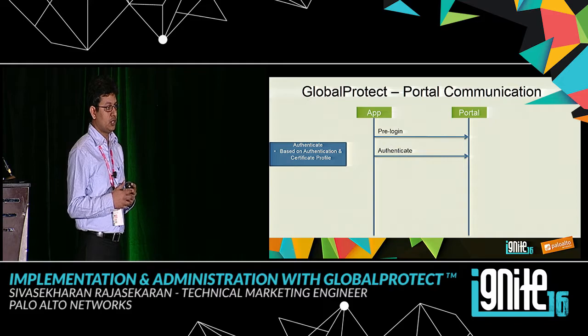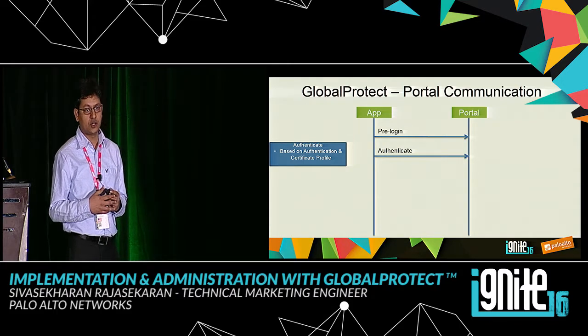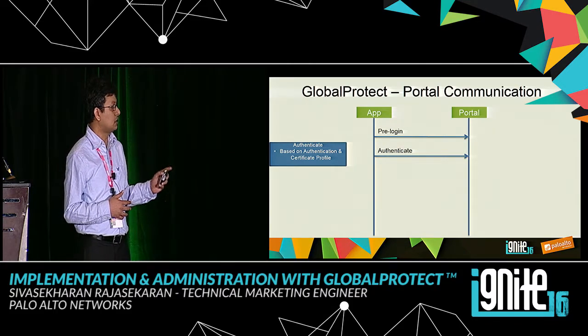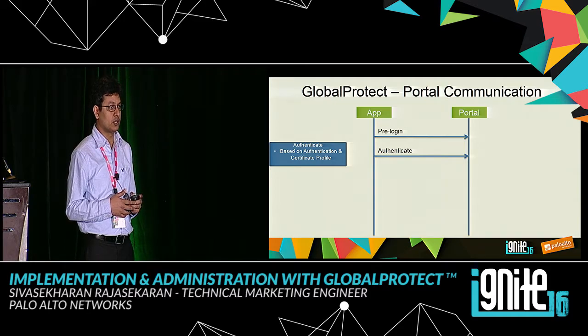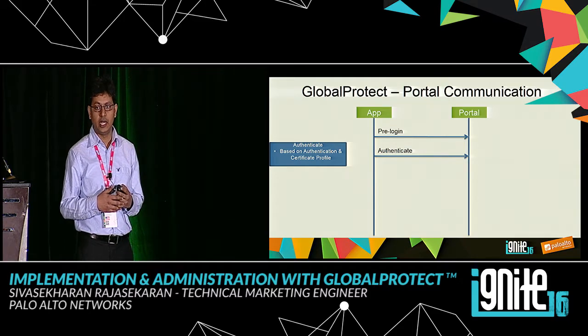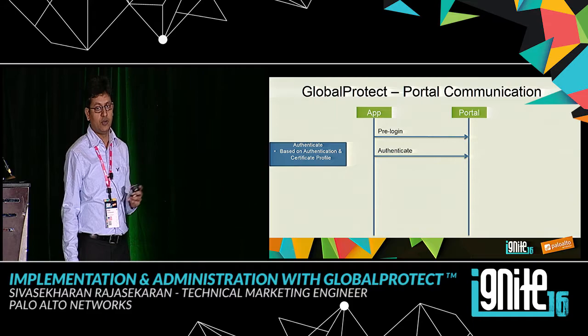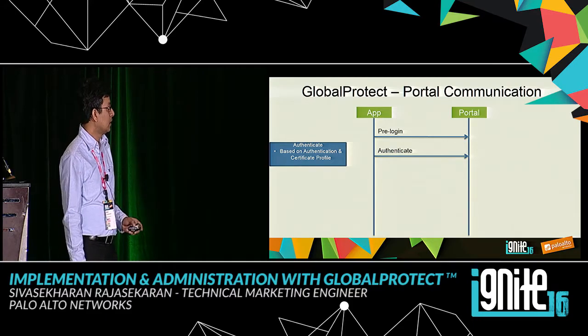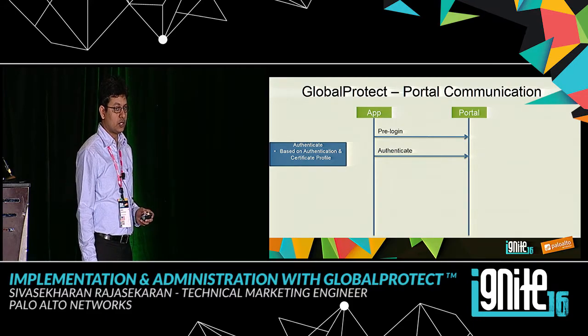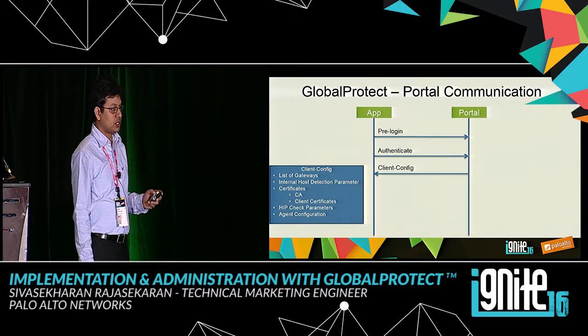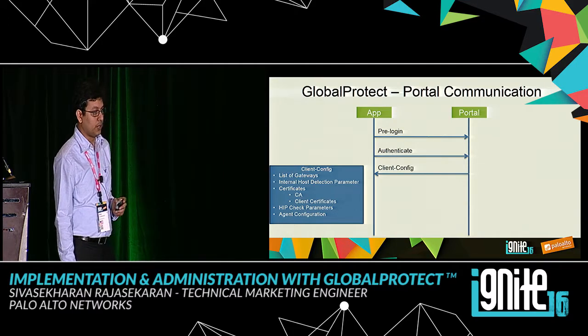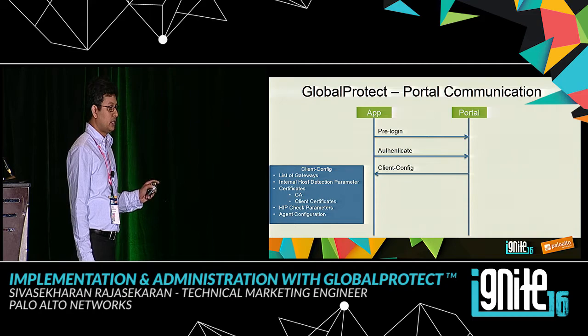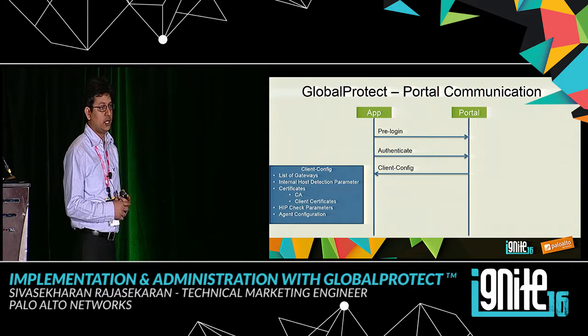The authentication method and the credentials to use for authentication all depend on the configuration that you have on the portal. It depends on the authentication profile and the certificate profile that you have configured on the portal. If the user successfully authenticates, the portal would then push down something called a client config to the endpoint. The clients would get this configuration after a successful authentication.